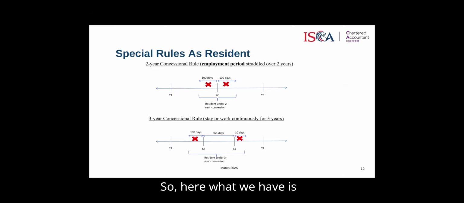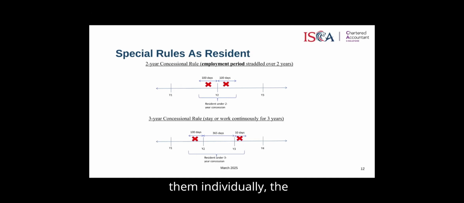So here, what we have is a pictorial depiction of what we discussed earlier. As you can see, for the 2-year concessional rule, for an employment period straddled across 2 years, year 1, year 2, year 3, we have an individual who has only worked 100 days in year 1 and 100 days in year 2.